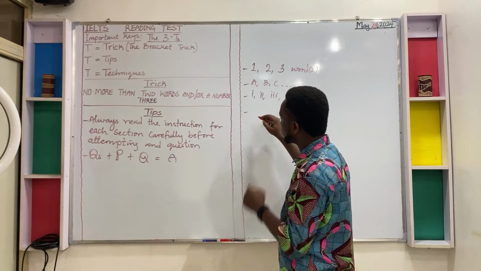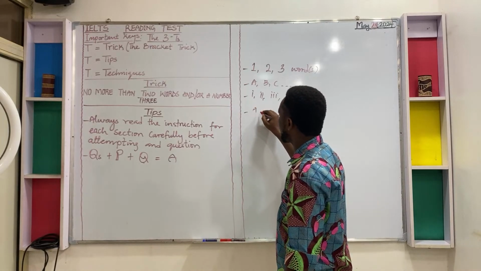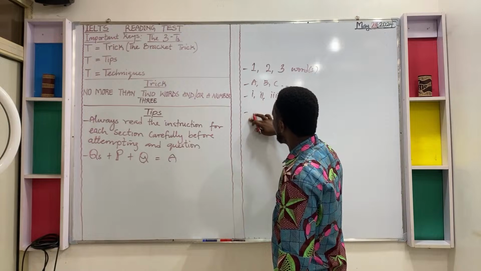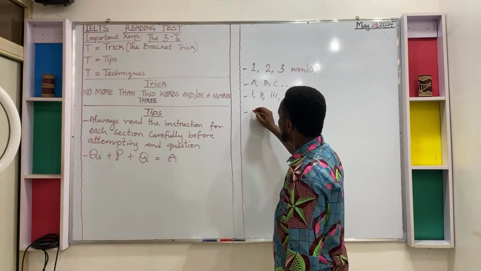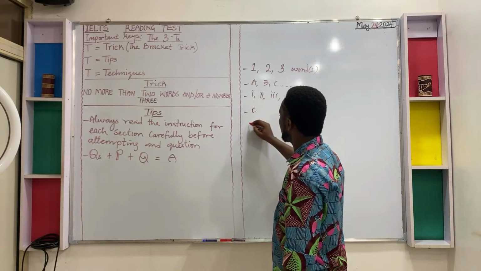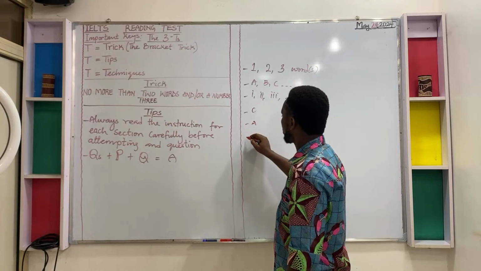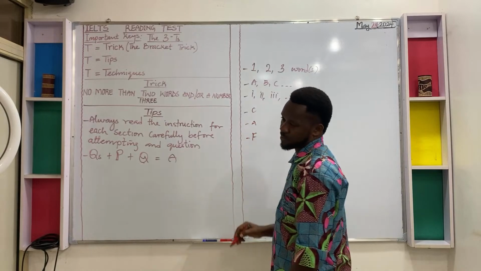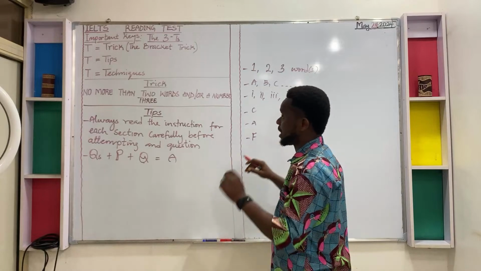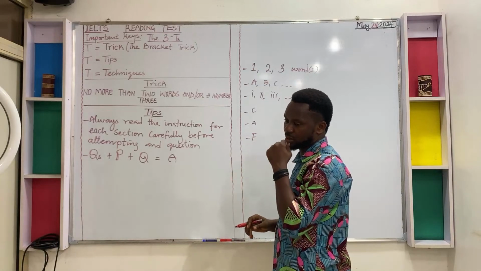It means your answer must not follow the right order of A, B, C. This means your answer to the first question can be C, the second question can be A, the third question can be F, because it says any 3 correct.